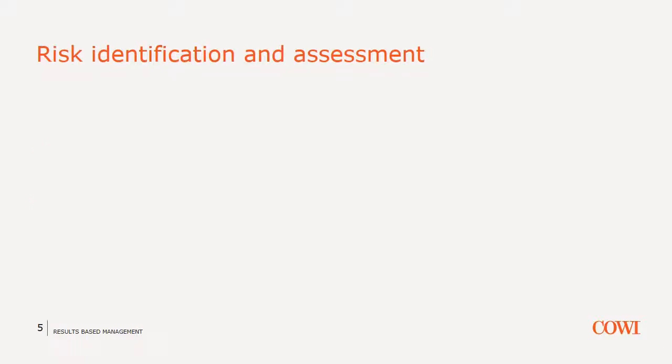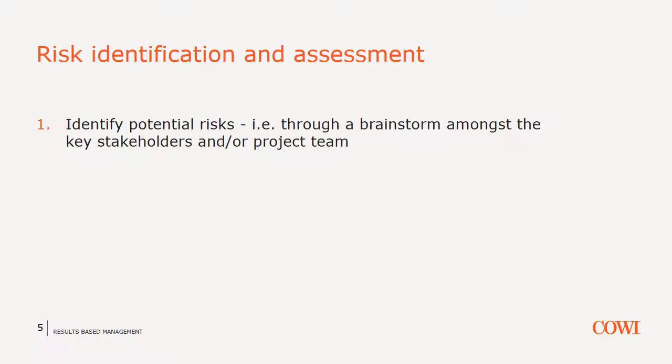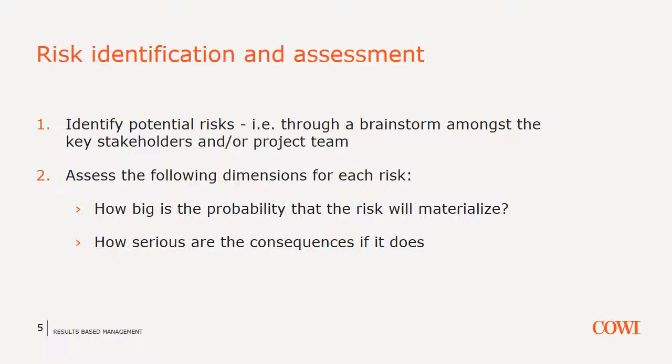First phase, risk identification and assessment. As with the other RBM tools, it is important to involve the key stakeholders in the risk identification and assessment. The process is not very complicated. You simply bring together the relevant people and brainstorm on things that can go wrong. If the list of potential risks is long, it might prove useful to assess and prioritize the risks.